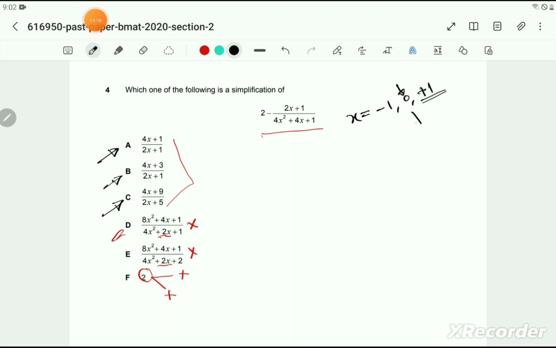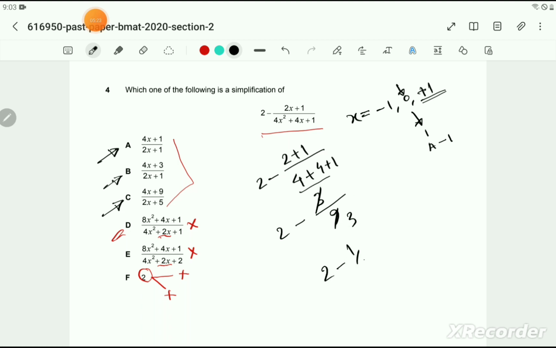For 0 we got 1, and option A also gives 1. For plus 1 we get 2 plus 1, and at the bottom 4 plus 4 plus 1, that means 2 minus 3 divided by 9. So 3 by 9 gives 1 by 3, 2 minus 1 by 3.